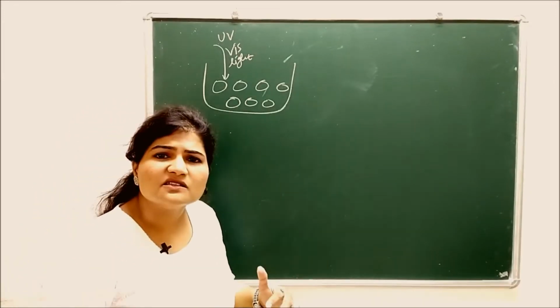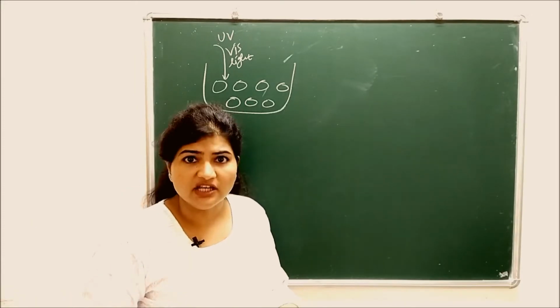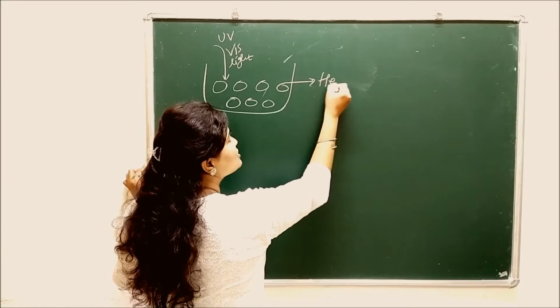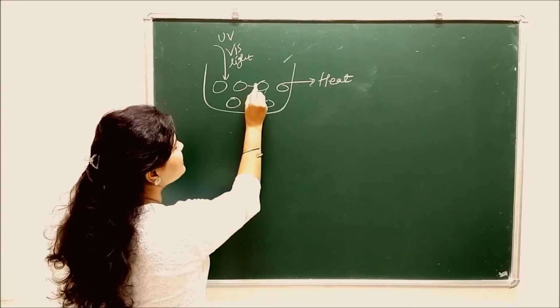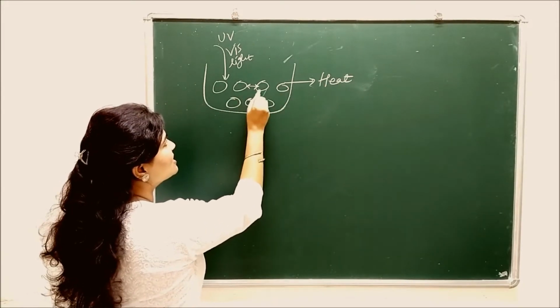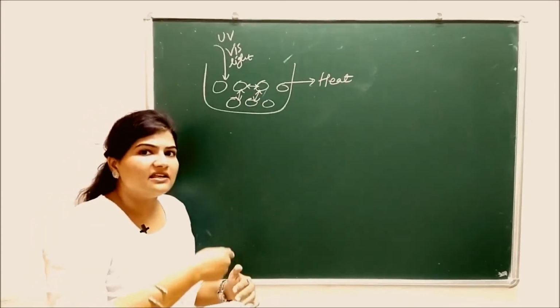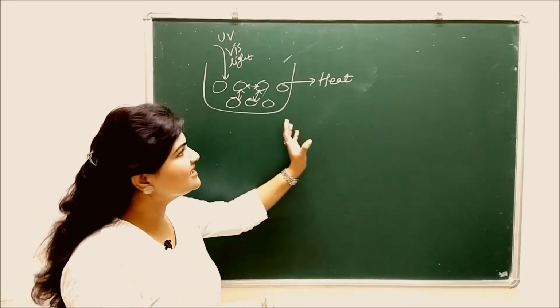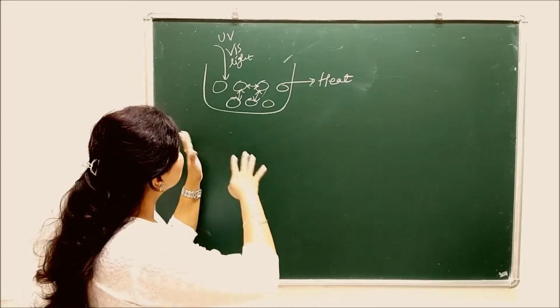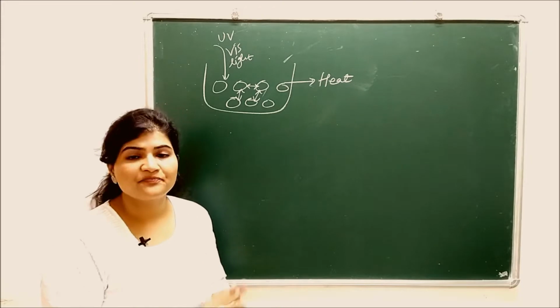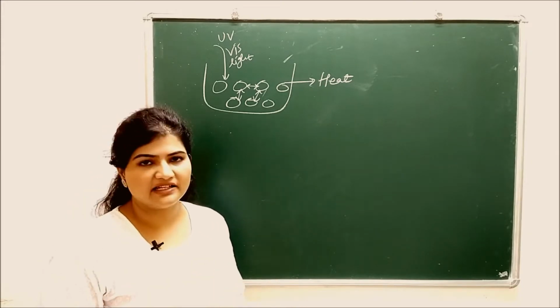These substances lose the excess energy in the form of heat after some time because of the collisions between neighboring atoms or molecules. So these atoms or molecules collide with each other, and in this collision the heat is liberated, and then the absorbed light is lost in the form of heat. This is called collisional deactivation.